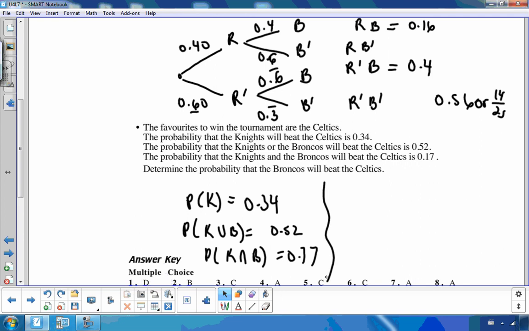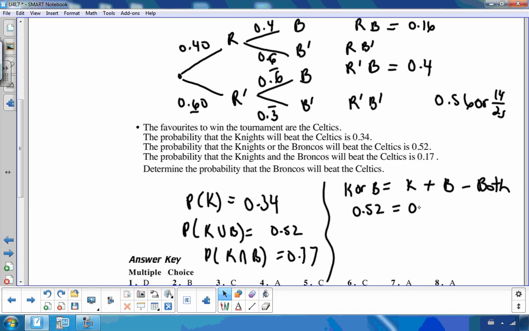Okay, so if I want to know just the probability of the Broncos, so the probability of both of them winning, so the probability of the Knights or the Broncos winning is going to be the probability of the Knights winning plus the probability of the Broncos winning, subtract the probability of both of them winning. So Knights or Broncos, that's 0.52.